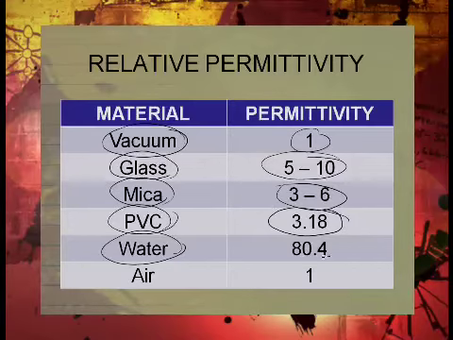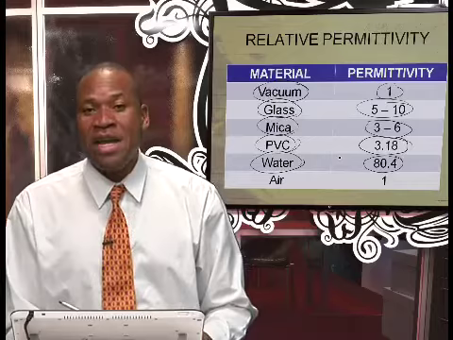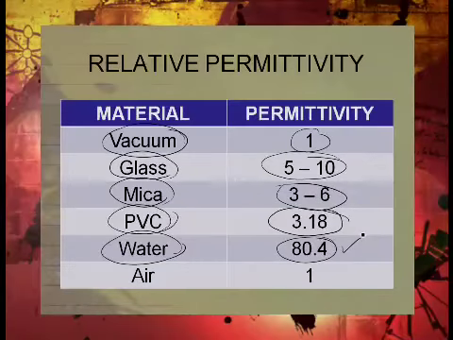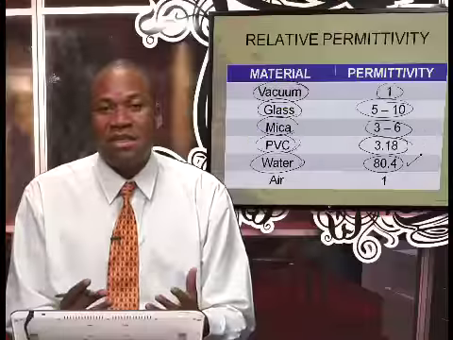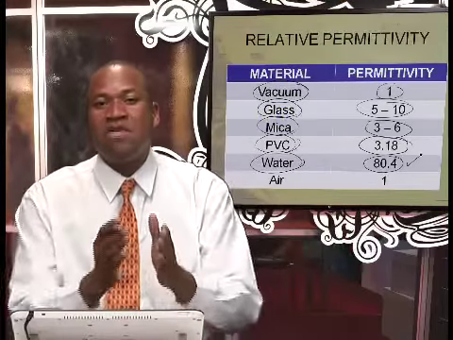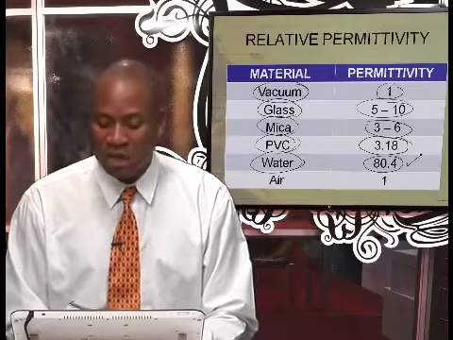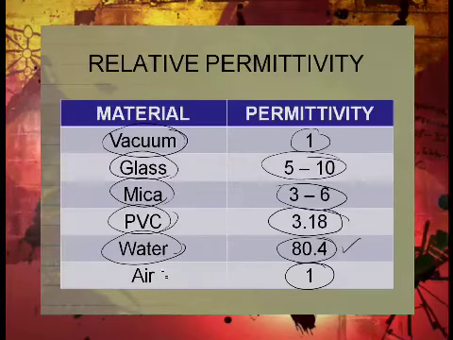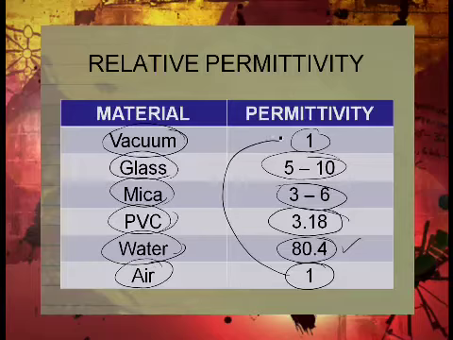With water, we have 80.4. Now, that is why it's very dangerous to play in rain when there is lightning. Look at how able water is, as a non-conducting substance, to allow electric fields to pass through it. So it is a dangerous thing to be playing there. Air is almost close to vacuum. I didn't put down the decimals here, but it's almost 1 as well. So I kept it as 1.